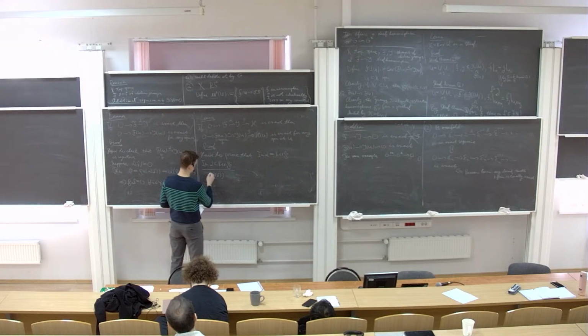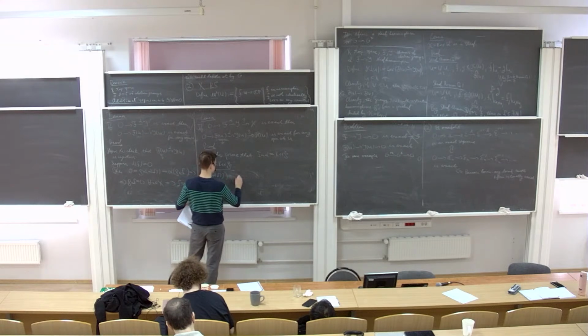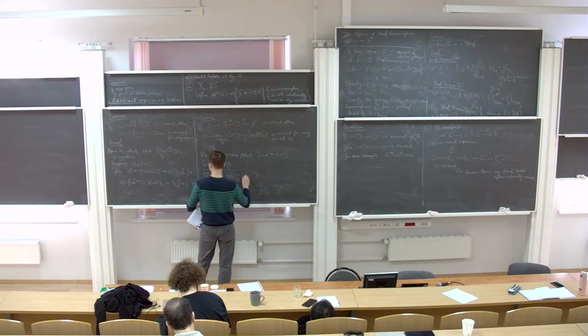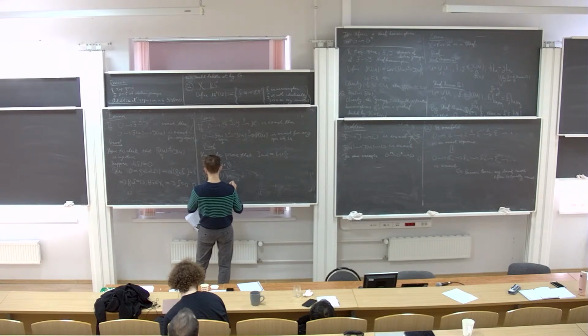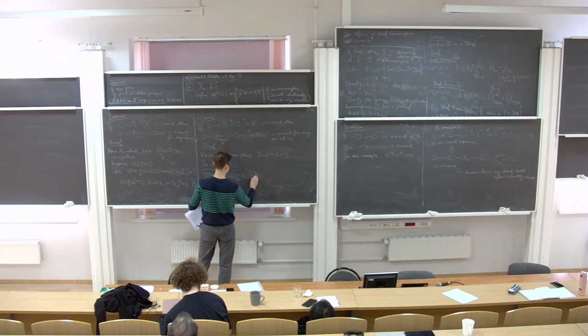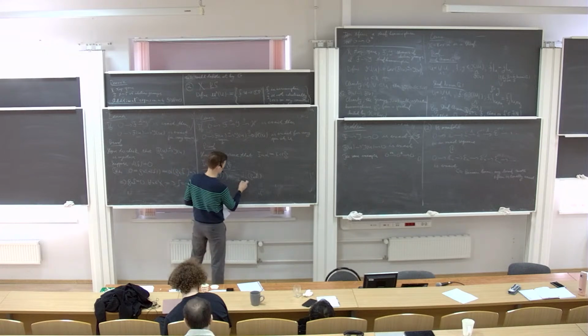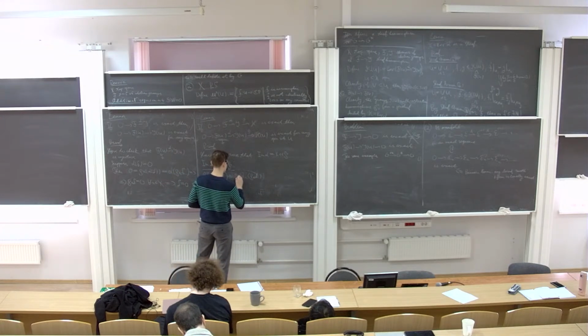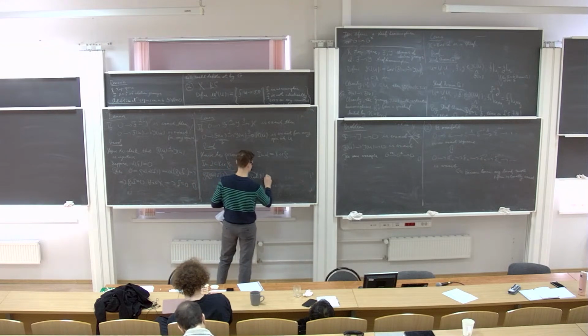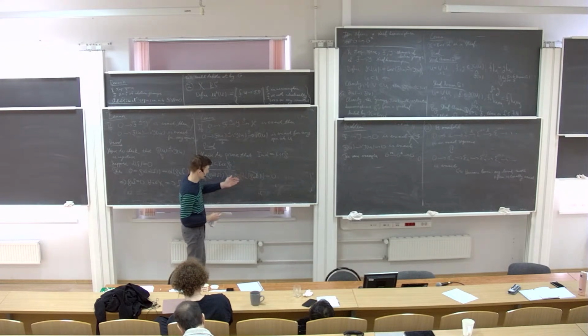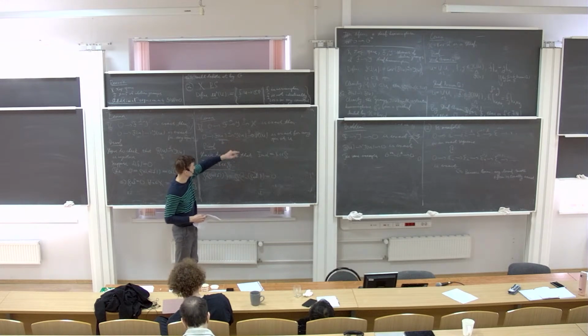Okay, but then again, you check for germs. You take rho x of this, and this is the same as alpha x applied to rho x. So the germ of the composition is the same as the composition applied to the germ. But this is 0 because the sequence is exact on stalks.